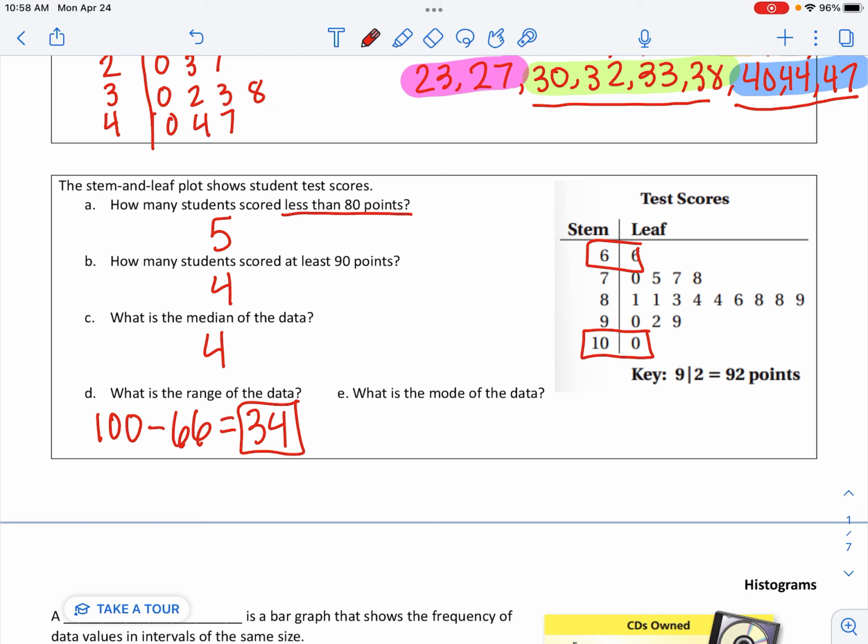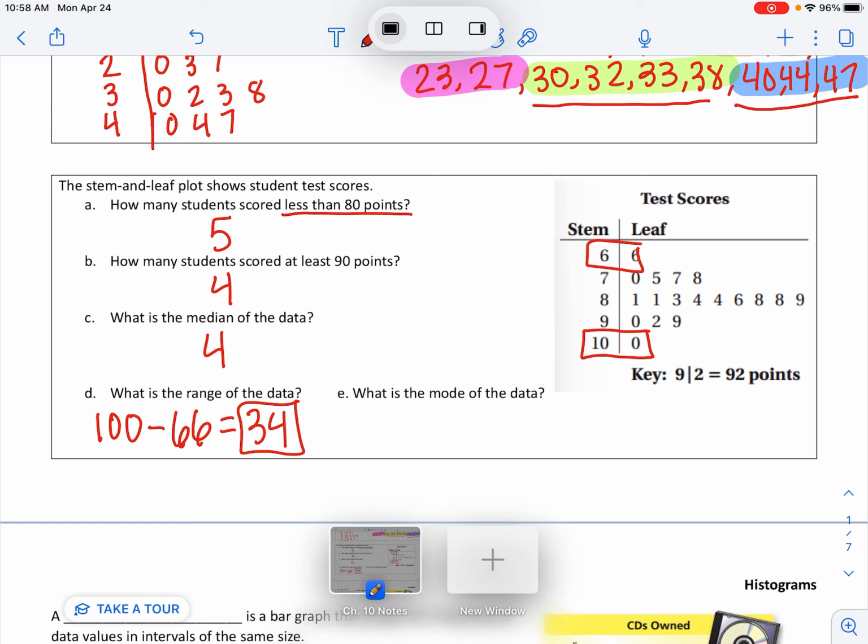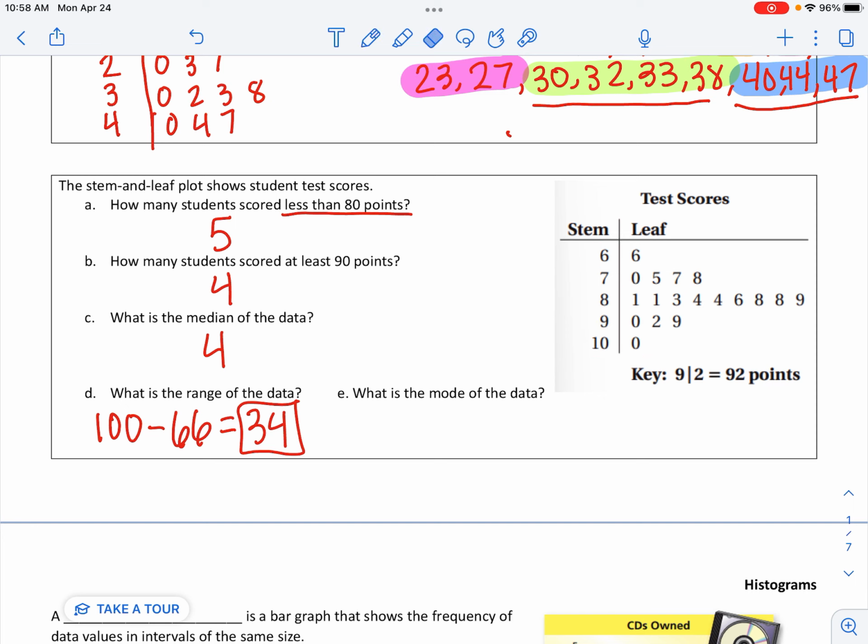And then last, what is the mode of the data? I need to find the numbers that occur the most. So I can see 81 happens twice, 84 happens twice, and 88 happens twice. So the mode is all 3 of those, 81, 84, and 88.